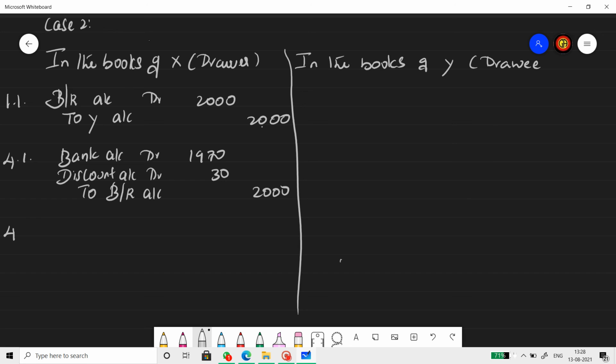On 4th of January, half of the proceeds is being sent to Y. But that is their agreement, isn't it? So once he discounts the bill, he will send half the money to Y. So the journal entry will be Y account debit to cash account, to discount account.